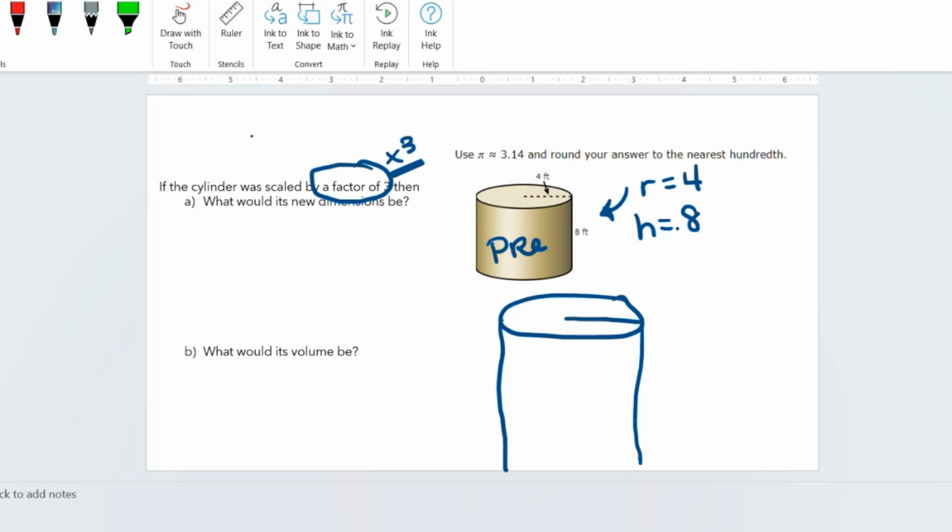My radius, which was 4, is 12. And my height, which was 8, times 3 is going to become 24 feet.